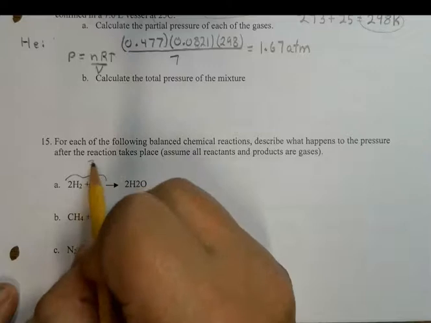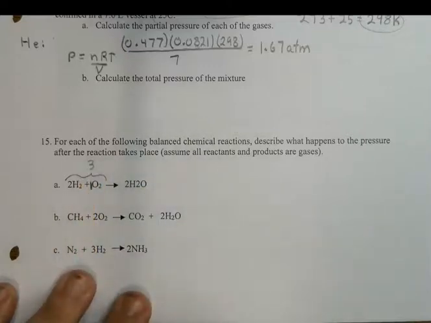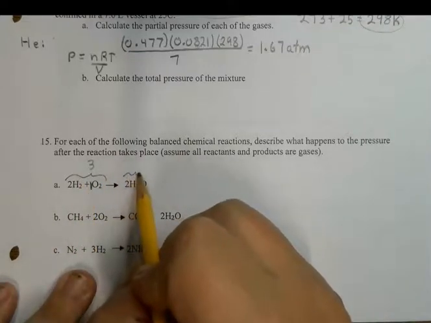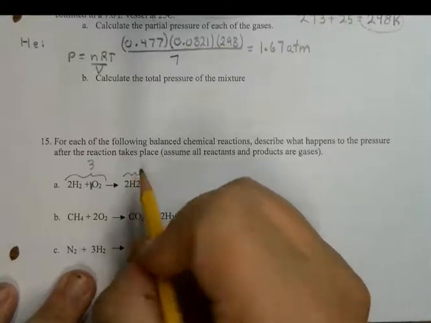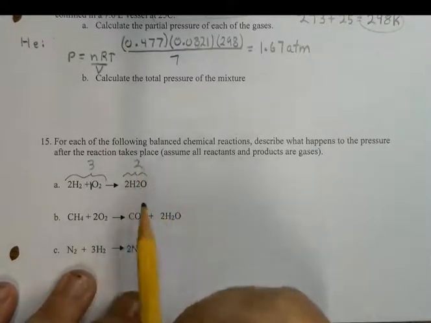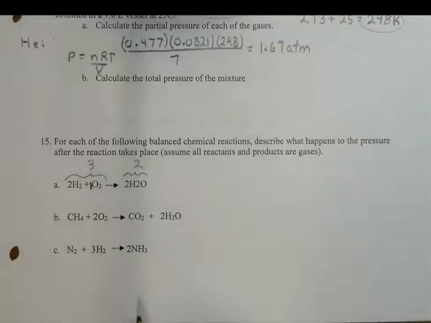So we have 3 total moles on the reactant side. Over here on the product side, we get 2 moles of water, so that's 2. So the number of moles decreases, which means the pressure decreases correspondingly. Since 2 is 2/3 of 3, you have 2/3 as many moles on this side as on this side, so you're going to have 2/3 as much pressure on this side as this side.